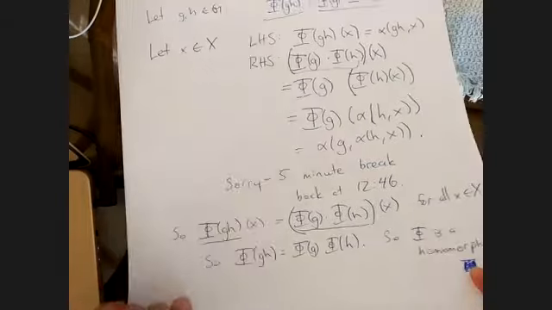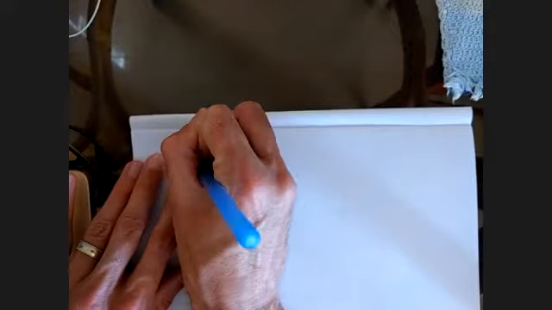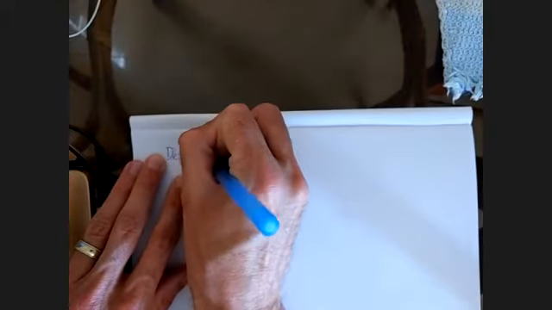So what do these things mean? I think transitivity is the most important one, I guess.